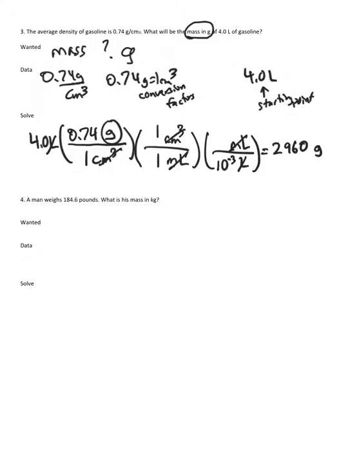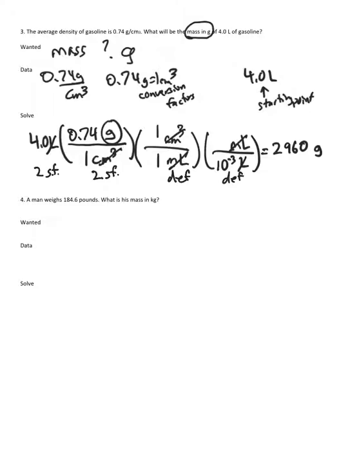But now we've got to get the right number of significant figures. 4 liters has 2 sig figs. 0.74 grams has 2 sig figs. 1 cubic centimeter per milliliter is the definition, an unlimited number of significant figures. And a milliliter is the same as 10 to the minus 3 liters. That's the definition, so an unlimited number of significant figures.